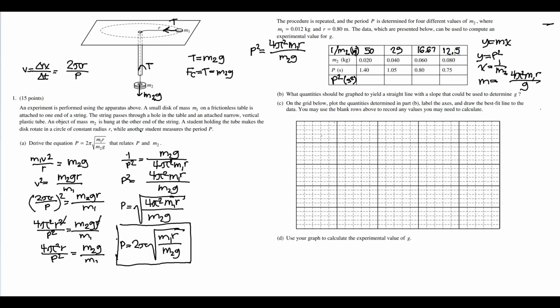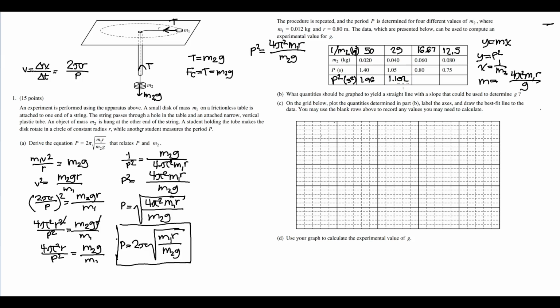All right. So now we can find p squared, right? P squared is 1.40 squared, which is 1.96. Then we have 1.05 squared, which is 1.102.